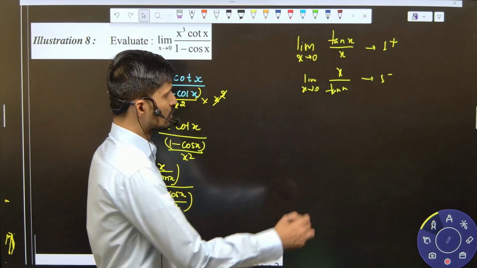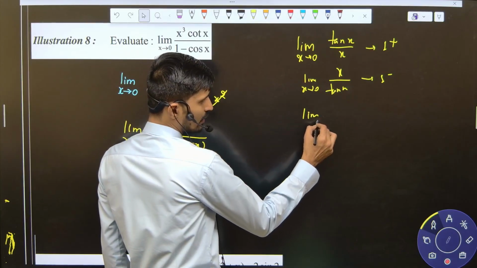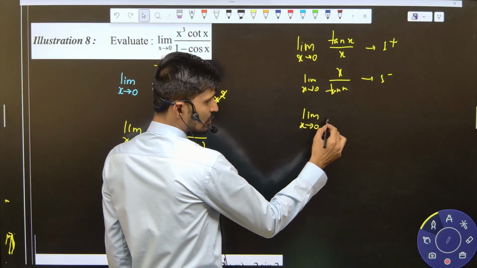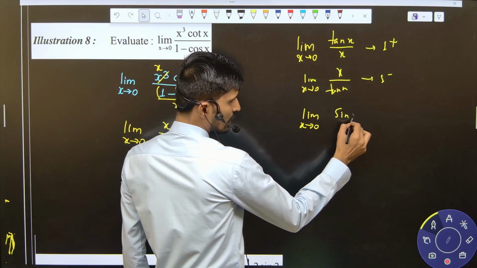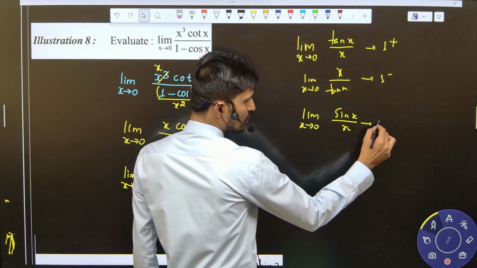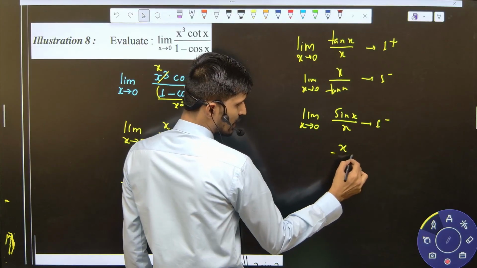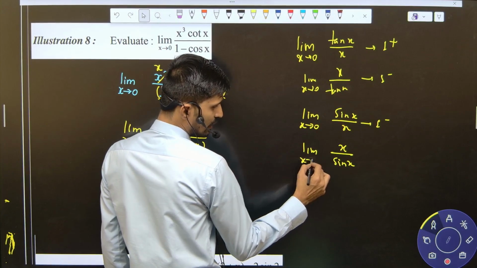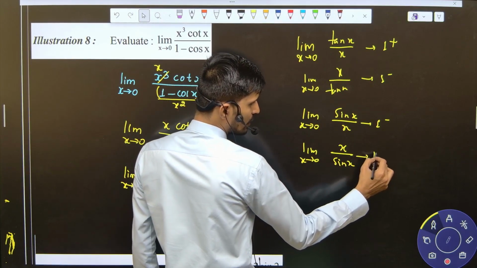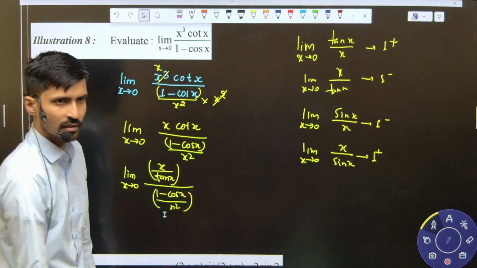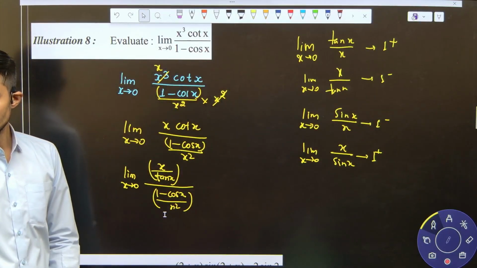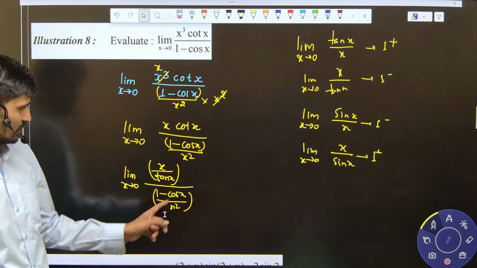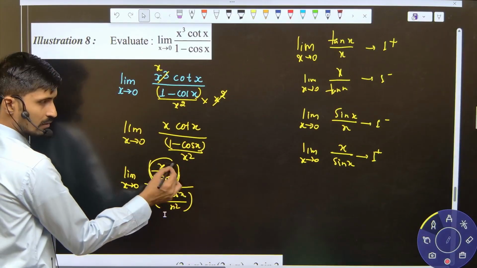Okay? So if I am writing limit x tends to 0, sin x by x tends to 1 minus, then x by sin x, limit x tends to 0, will be 1 plus. Yes, it means this is going to be 1.